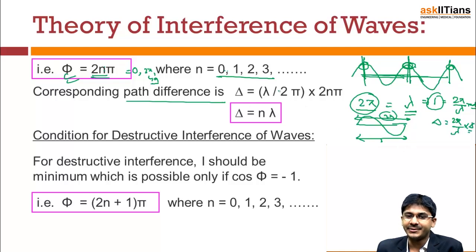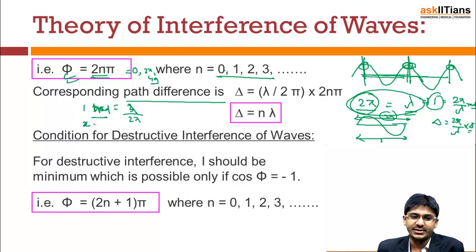Similarly the inverse can happen, right? You had this 1 wavelength, 1 meter will be equal to 2 pi by lambda radian, and in suppose x meter it will be 2 pi x by lambda radian.